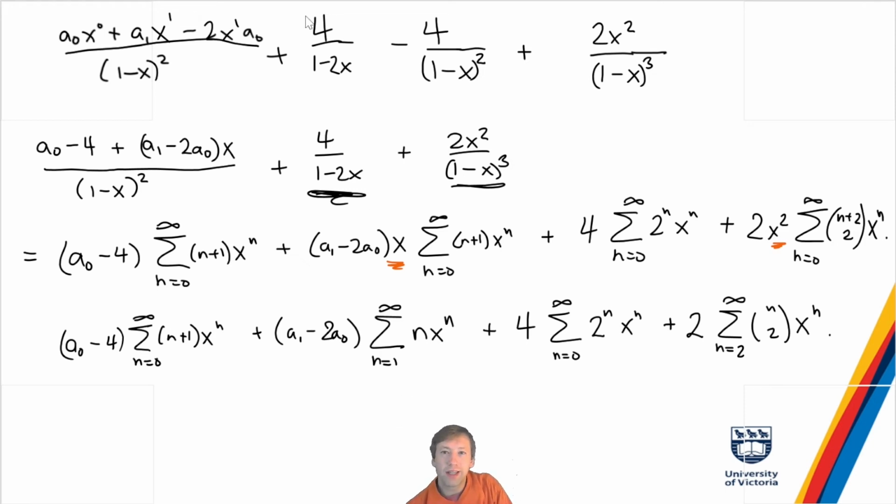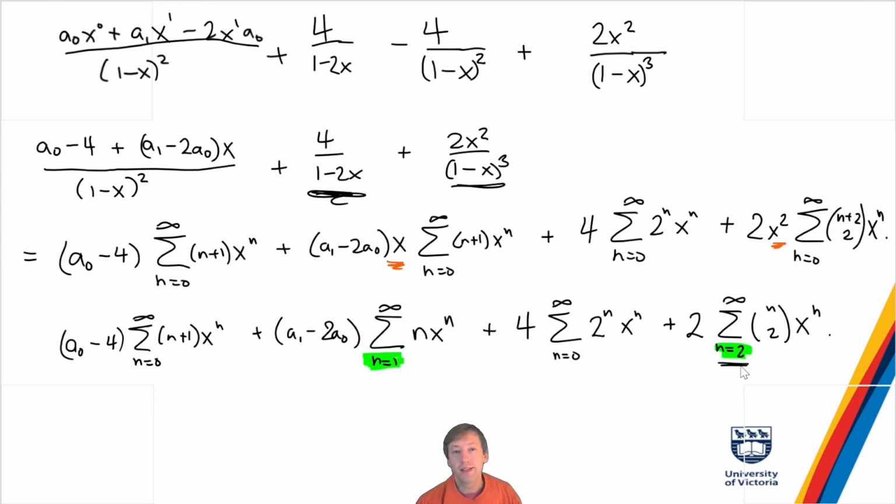The only slightly annoying thing is that these sums start at different places, right? This one starts at 1, that one starts at 2, and the other one starts at 0. But technically, each of these sums I could start at 0, because it'll just give me an extra term, which is 0 times x to the 0, which is just 0, because anything times 0 is 0.